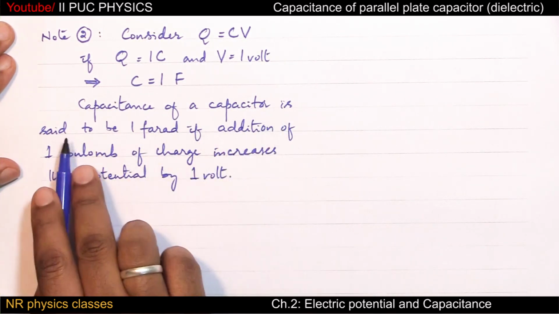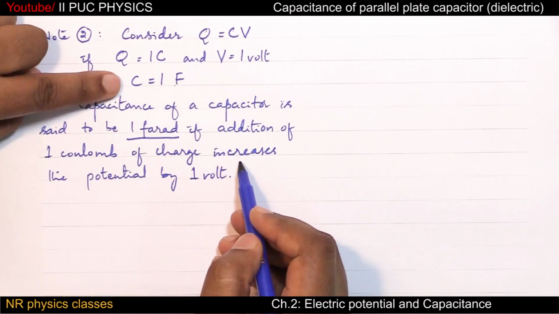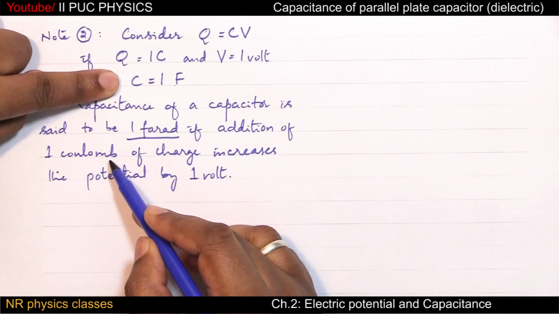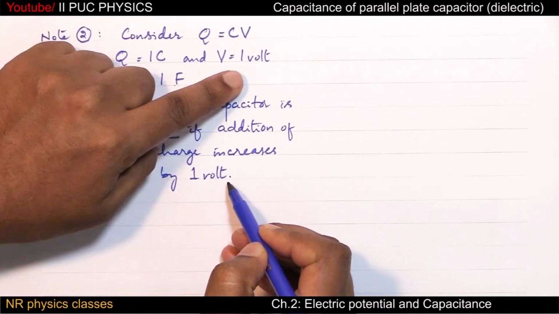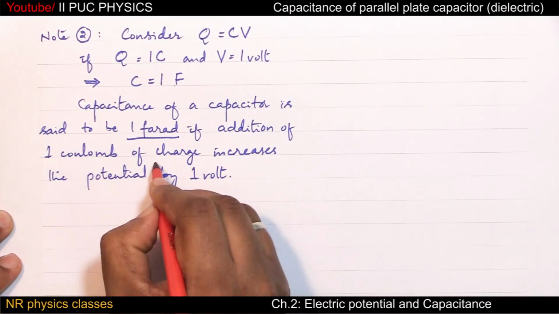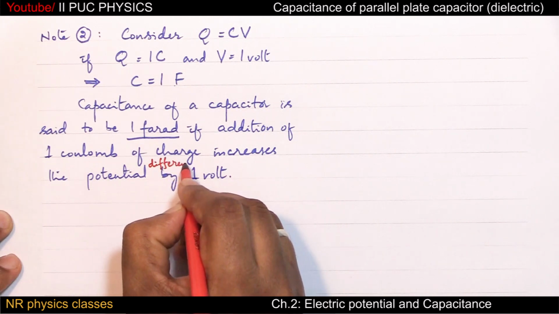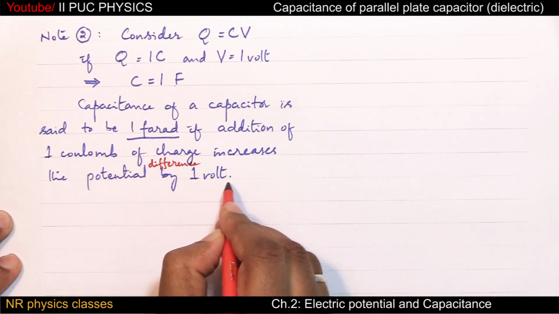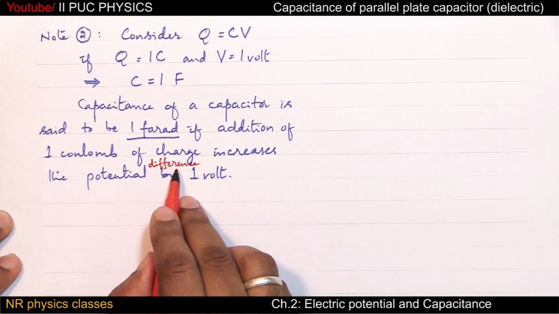Capacitance of a capacitor is said to be 1 farad if addition of 1 coulomb of charge increases the potential by 1 volt. We can also say increases the potential difference by 1 volt. Potential difference means potential difference between the plates.